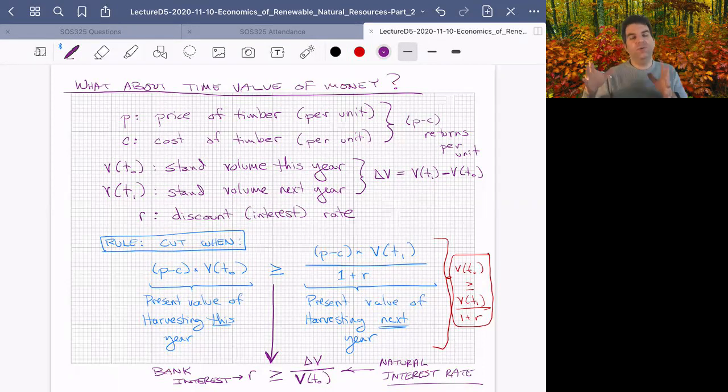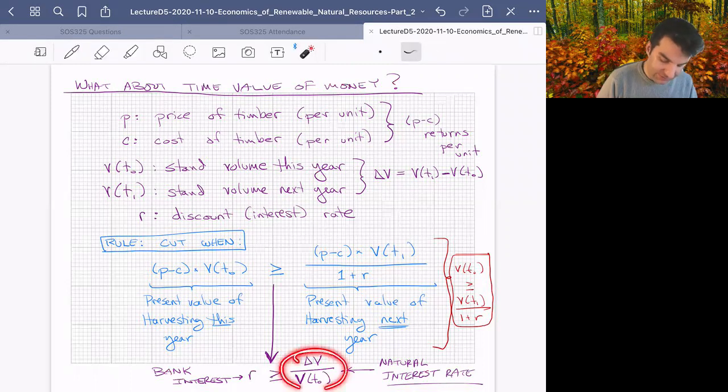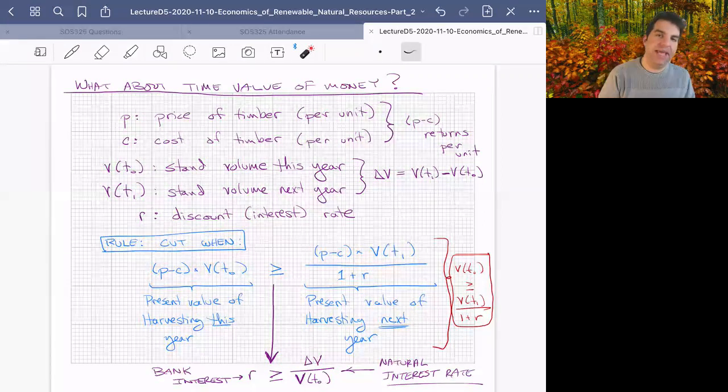So if we view the tree as a bank, we leave our money, in other words, we leave the trees growing in the tree bank up until the point at which this quantity here, delta V over V, which is like a fractional change, falls to the interest rate I could get at the bank. Then cut all the trees down, sell them, turn them into dollars, and put those dollars in the bank.